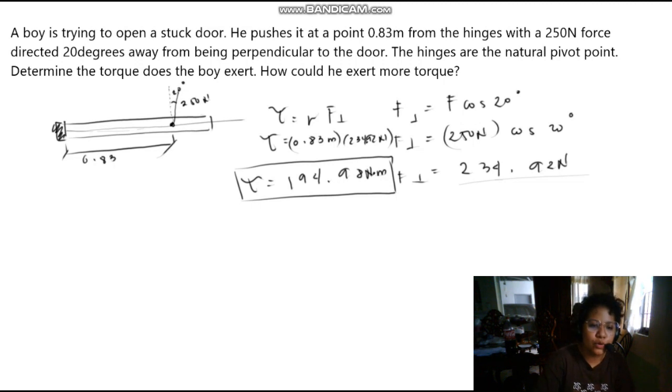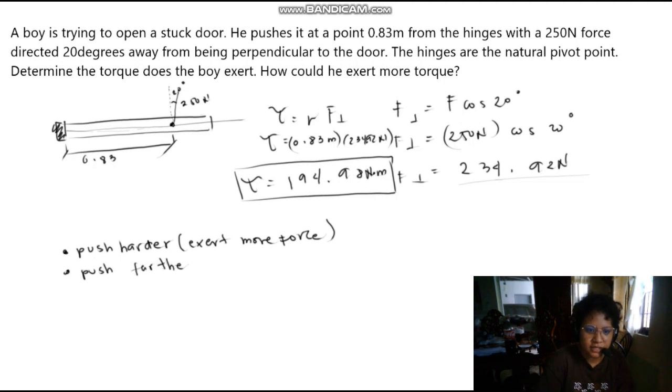So, if the boy wants to exert more torque, he could either push harder, or rather exert more force, he could also push farther from the hinge, push farther from the hinge, or just simply push exactly perpendicular.